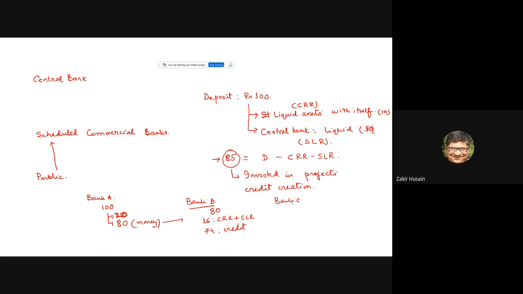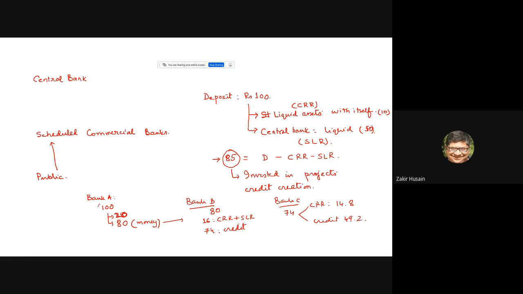So bank C, this is again 64 is kept, out of which you have CRR and SLR of how much? 12.8, and credit is, let us say, 51.2.